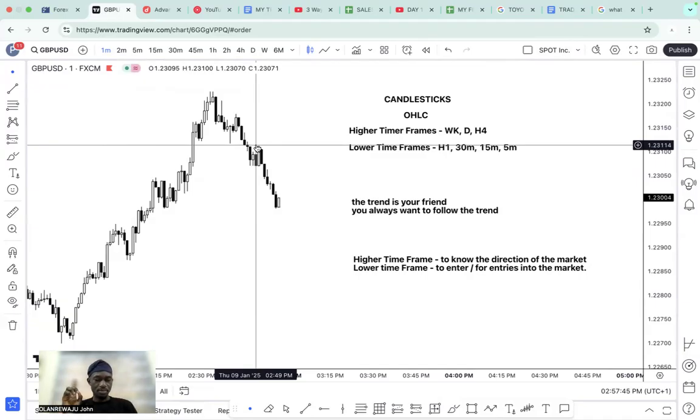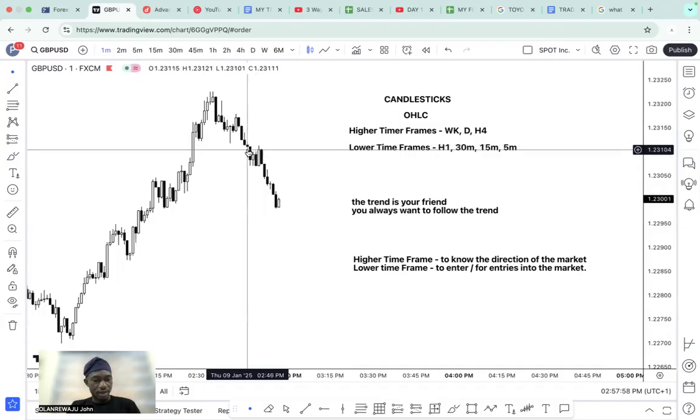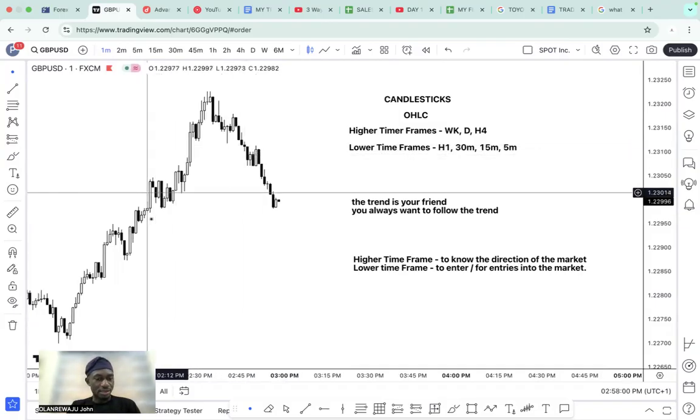That's number one. Number two, the price level on which a previous candle closed is the price at which the next one opens. So 1 minute is too fast, but I'm sure you are getting the logic.